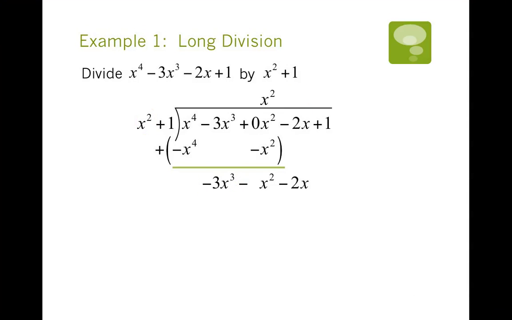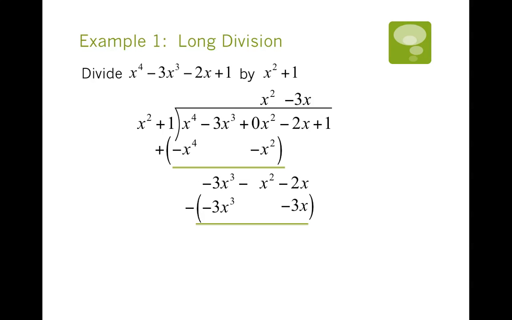Once I decide what to put up there, which in this case is going to be negative 3x, then I do the multiplication with the entire divisor. So taking negative 3x times x squared plus 1 gives me a negative 3x cubed and a negative 3x. And again, look at how I am lining up all of the like terms together so that I don't mix things up.